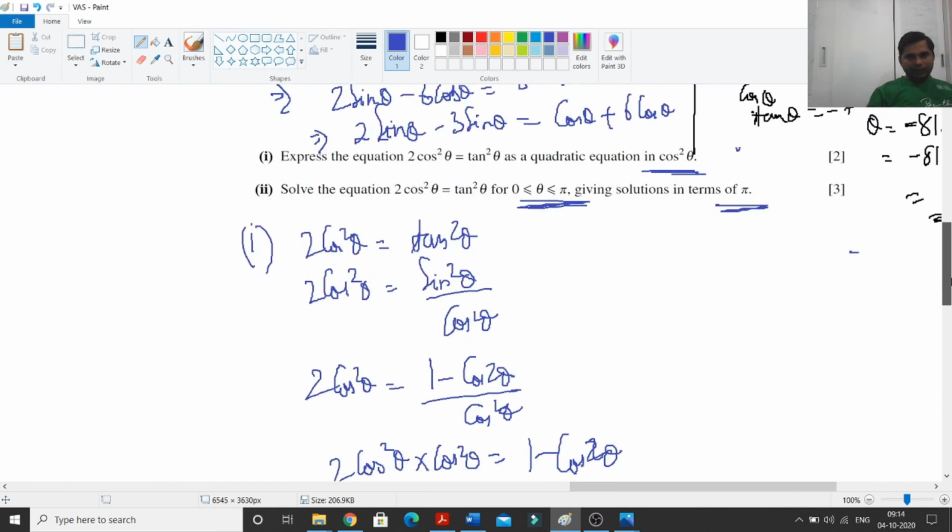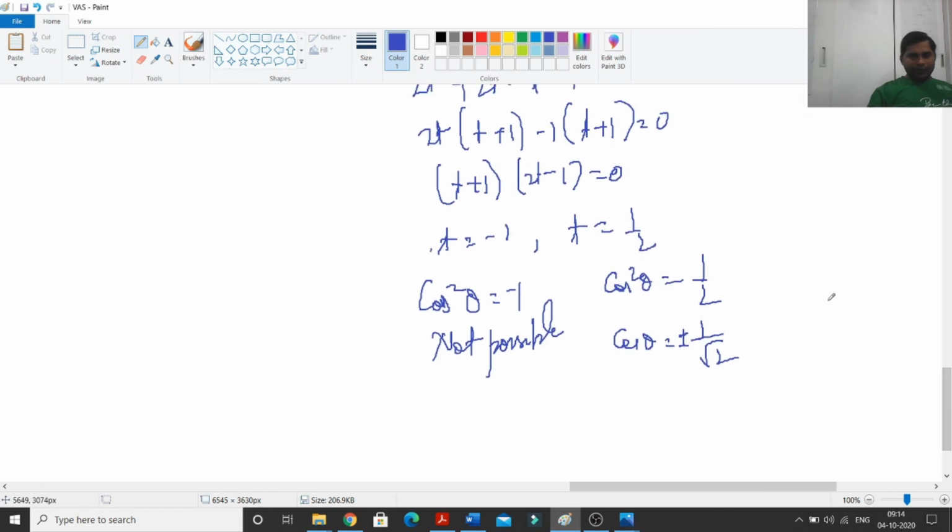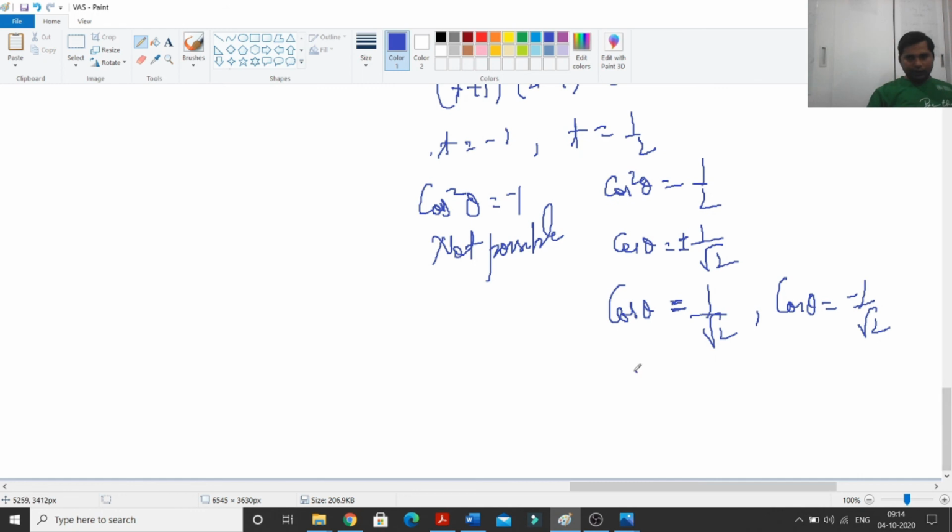Theta lies between 0 and pi, meaning the first and second quadrants. So one answer is cos theta is 1 over root 2 and another is cos theta is minus 1 over root 2. For the first, the answer is in the first quadrant. If you do cos inverse of 1 over root 2, you will get pi over 4, which is 45 degrees. And for cos theta equals minus 1 over root 2, you will get 3 pi over 4.